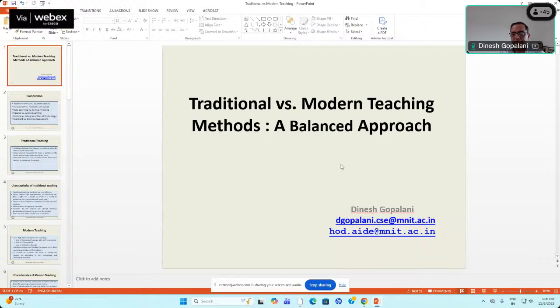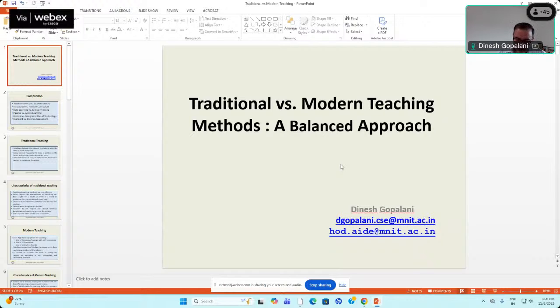My talk is on two methods: one is the traditional and another is the modern methods, which include AI and other things. The objective is we should have a good balance of the two methods. So let us go on.